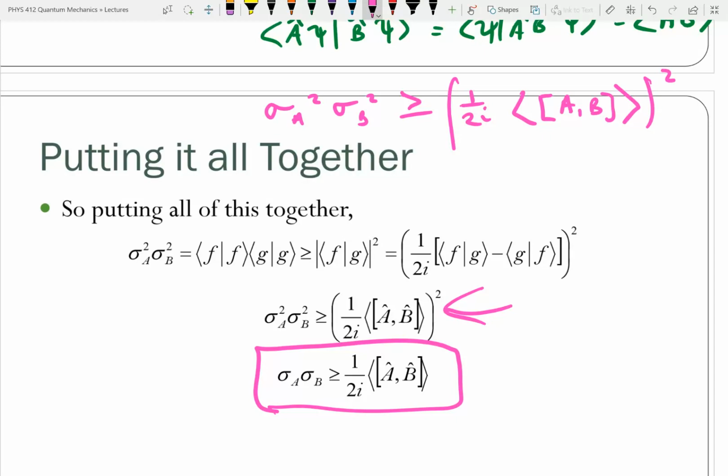There, I can get both of them exactly at the same time. So if things commute, you can simultaneously know their values. If they don't commute, there's always going to be an uncertainty relation. And so now we can calculate the uncertainty relation between any two variables.